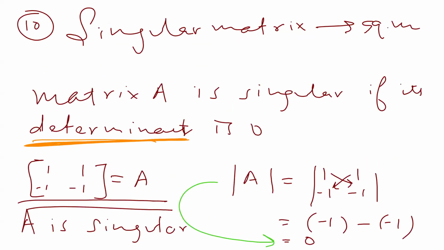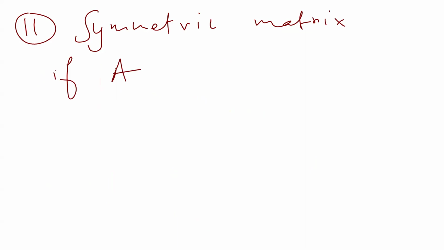Now the next concept after singular is symmetric matrix. If A is equal to A transpose, then A is symmetric. Example.